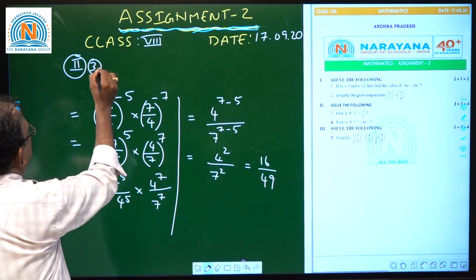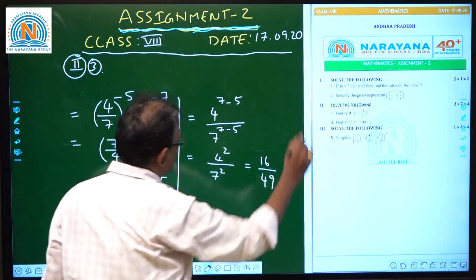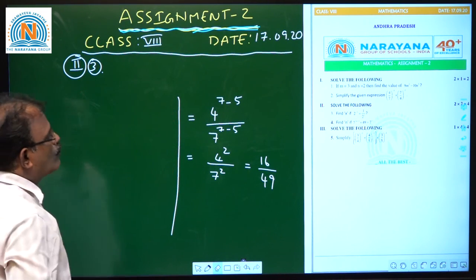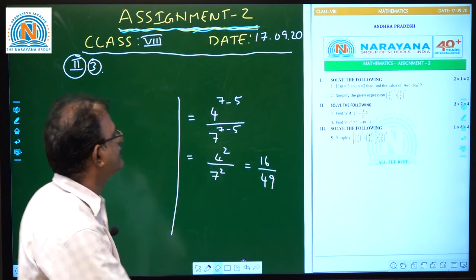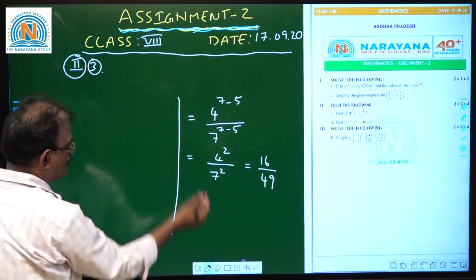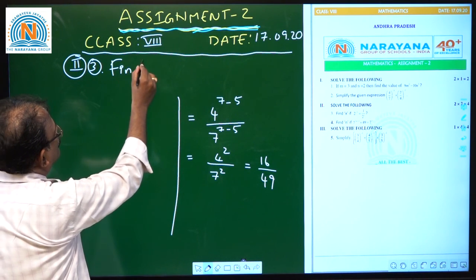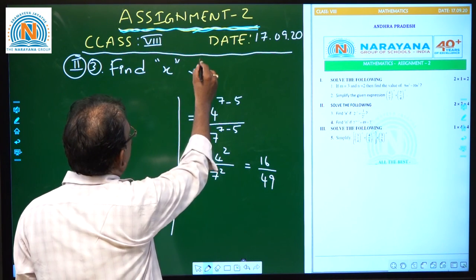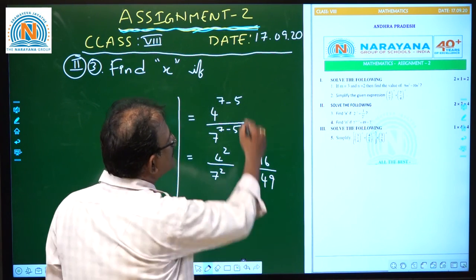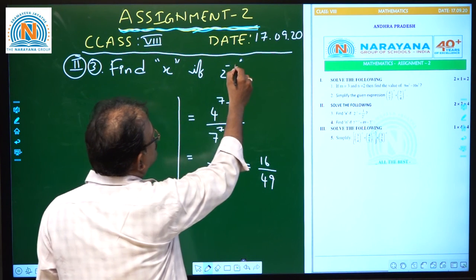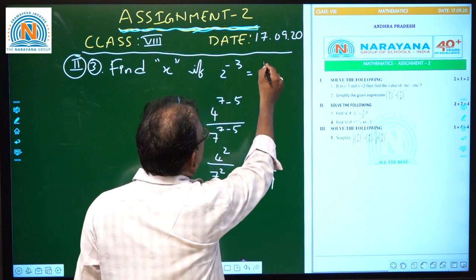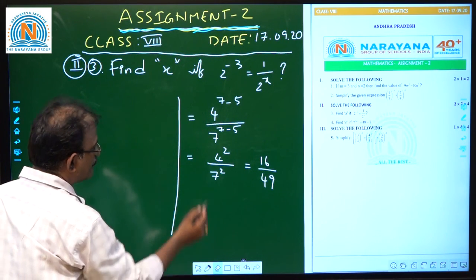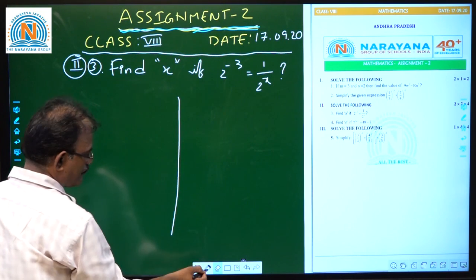That is question number 3, second Roman. What is given? Find the value of x if 2 power minus x into 2 power minus 3 is equal to 1 by 2 power x.